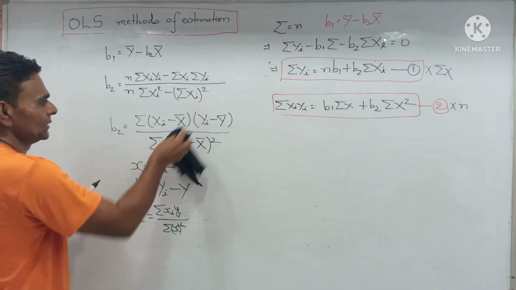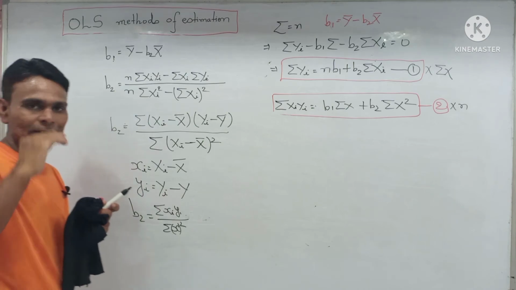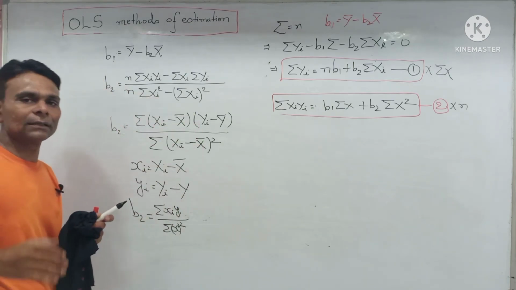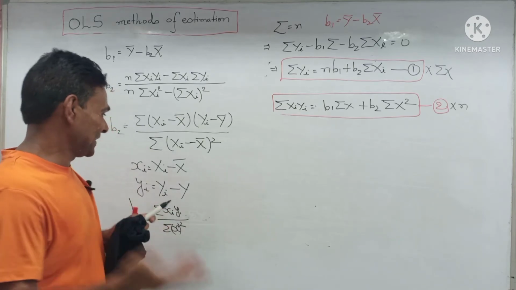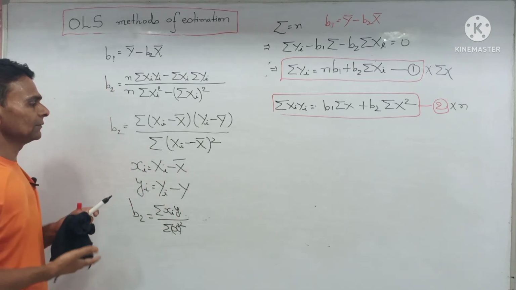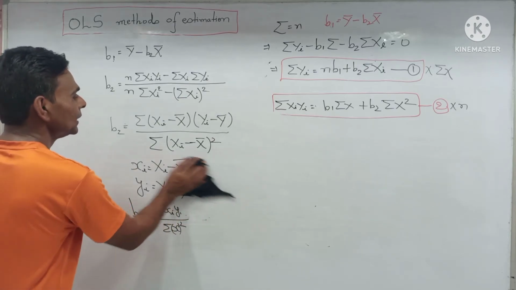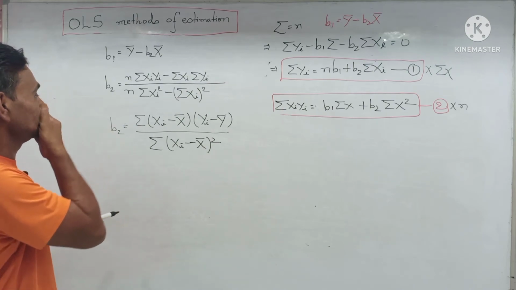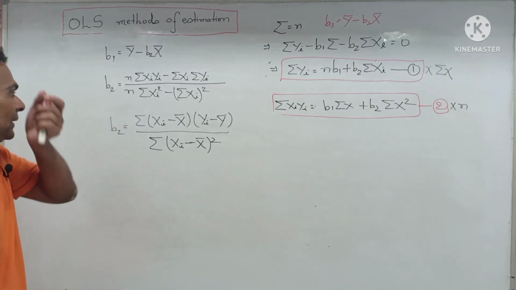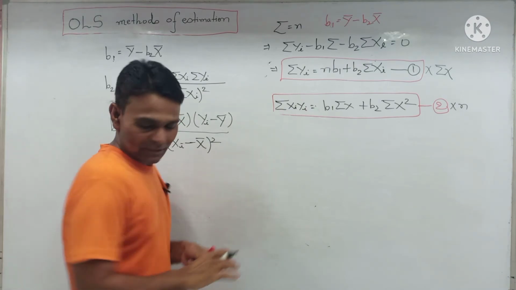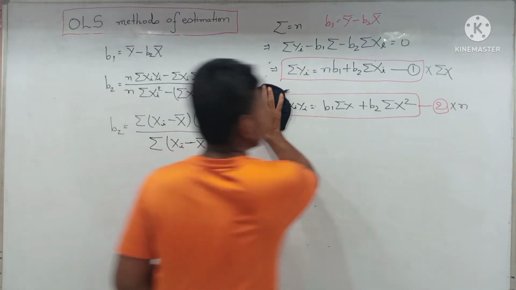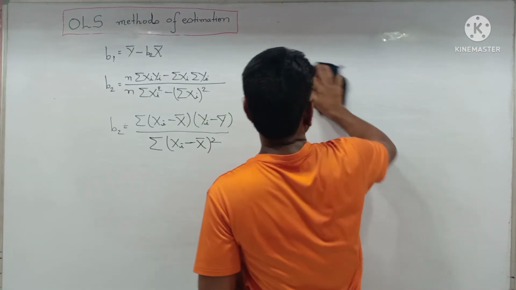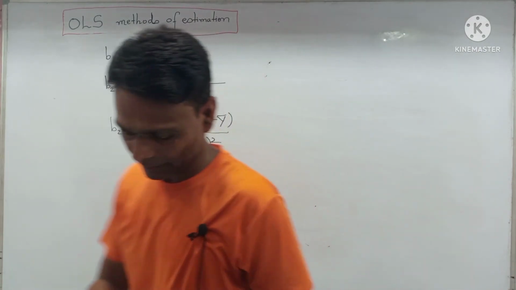Covariance between x and y is represented by the numerator, and variance of x is represented by the denominator, and we can prove it. Suppose we take the variance term. First we take the numerator part, the covariance between x and y.